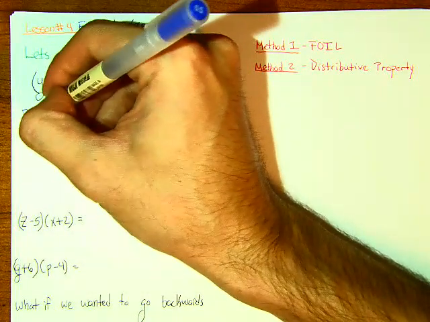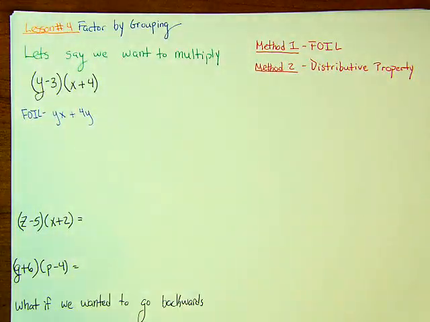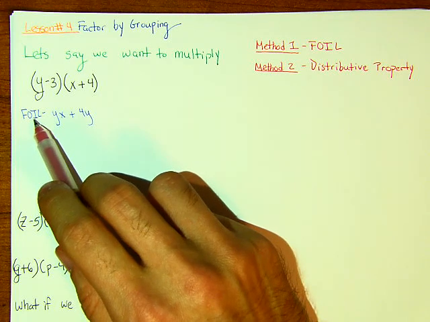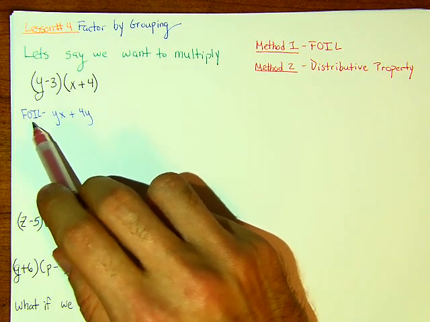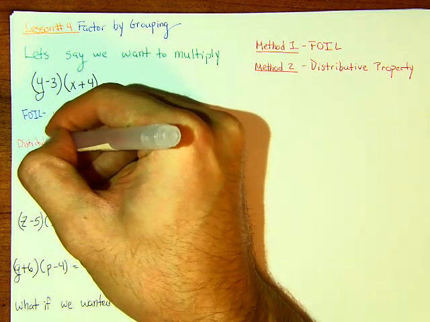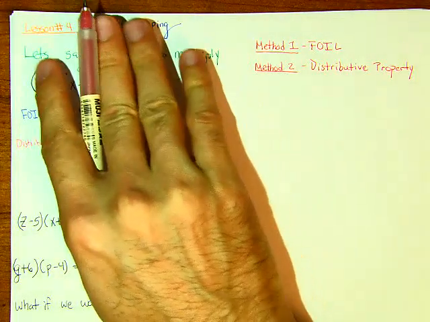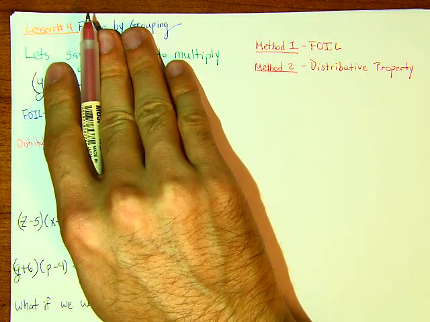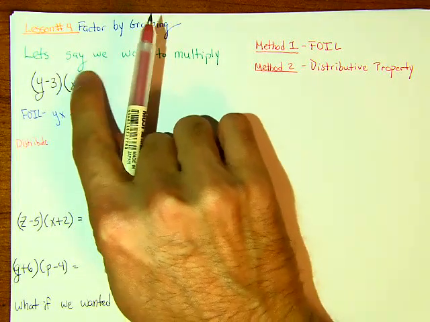But what if we were to use the distributive method? Usually if you see two binomials like this, almost 99% of the time you use FOIL. But you can also distribute this. How would you do that? You would take that y and multiply it by this whole entire binomial.